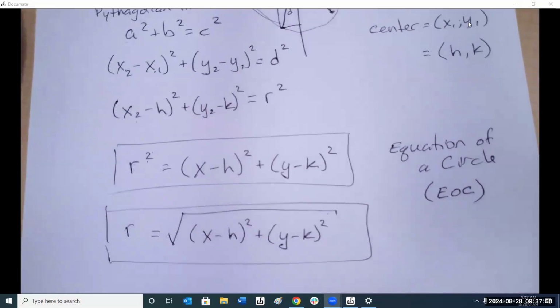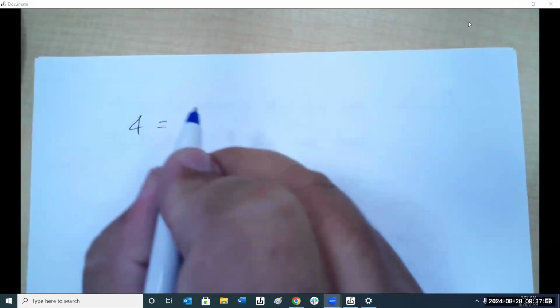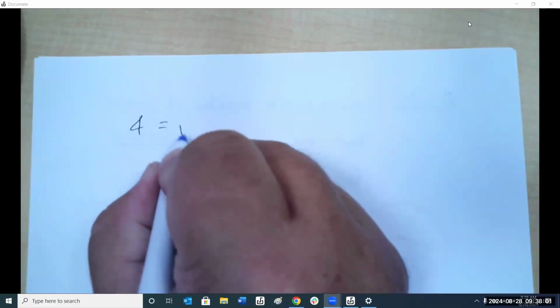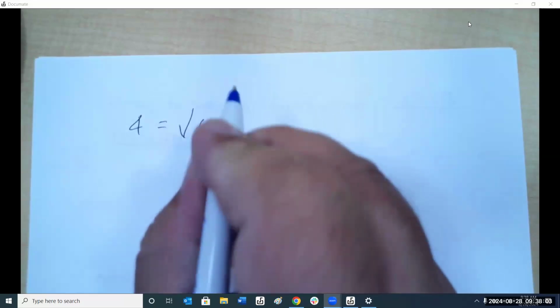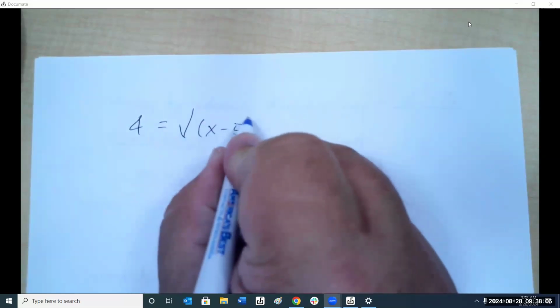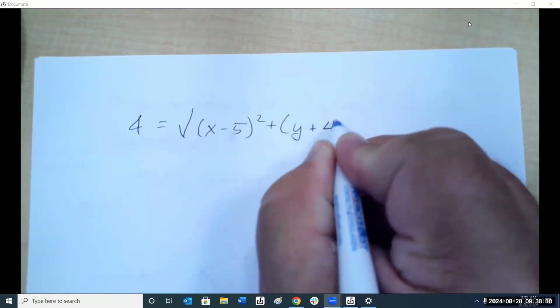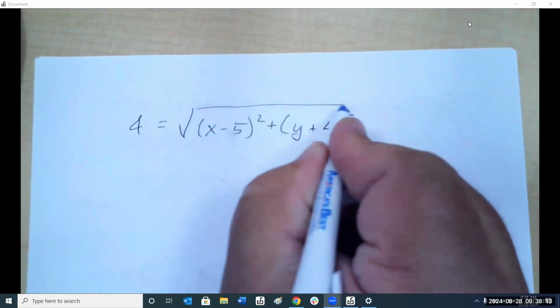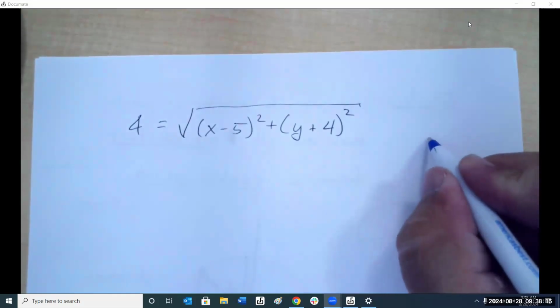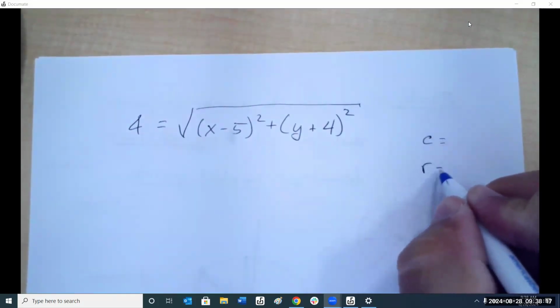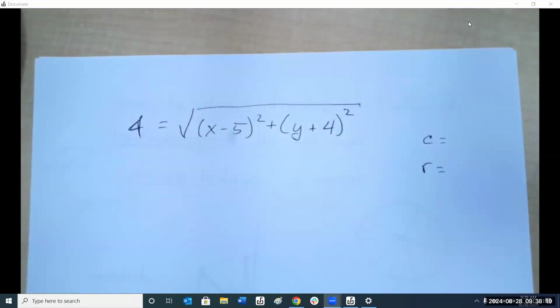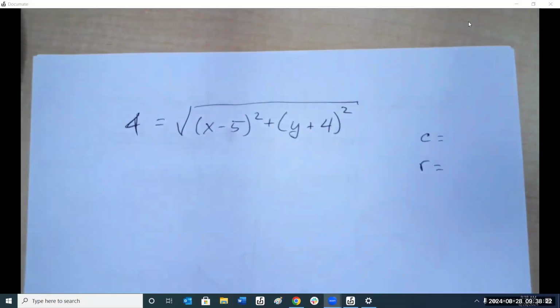So let's look at some examples here. Tell me the center and tell me the radius of this equation.